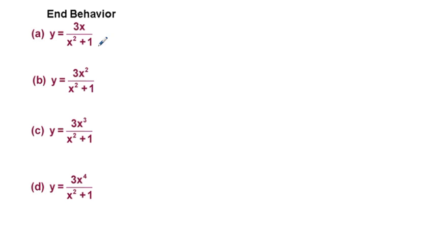And if we look at this first one, a, if we ignore this plus 1, we're going to end up with 3x over x squared, which simplifies to 3x over x times x. And what we have is x over x cancel. So what we end up with here, simplified, is 3 over x. So we're going to have an end behavior of 0 on either side.